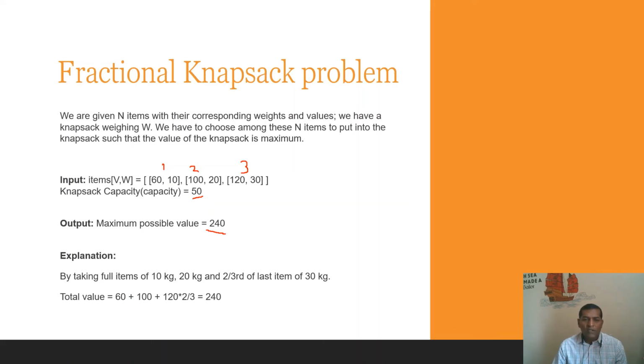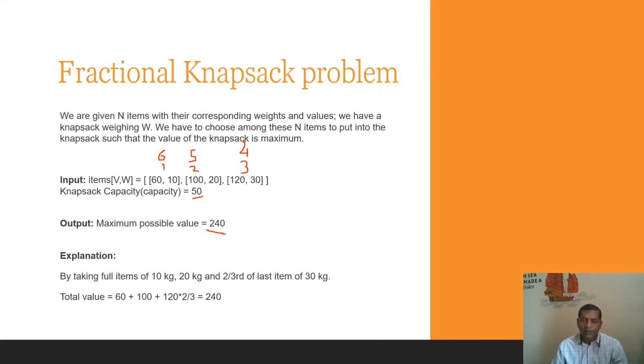Once we calculate the value divided by weight, we will get 6 for the first, then 5 for the second and 4 for the third. So the per unit value of the first item is 6, of the second item is 5, and of the third item is 4.